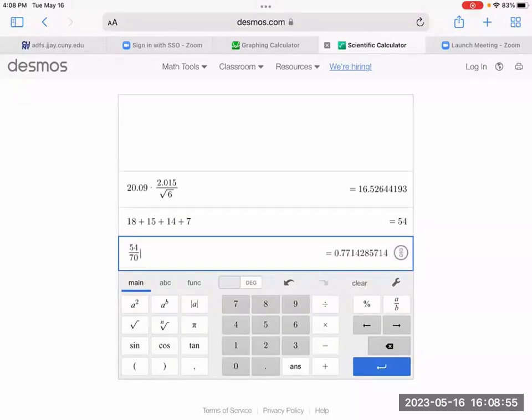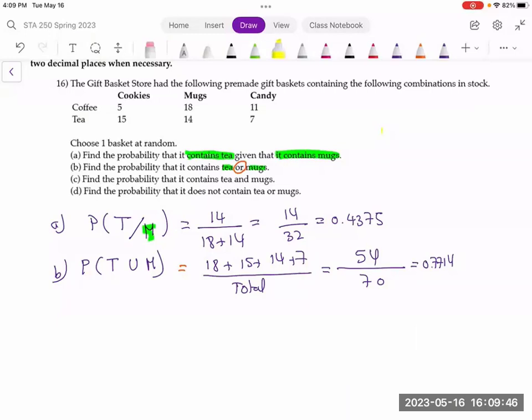So 0.7714. All right, so for C, they are asking for T and marks, and the keyword is and here. So what is going to be for C is the probability of T and marks, and is an intersection, right? Even if you get this notation wrong, it's not really a big deal as long as you know what you're doing. So you're going to highlight the T's.